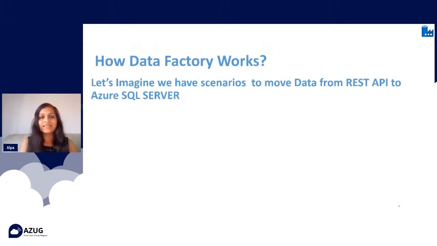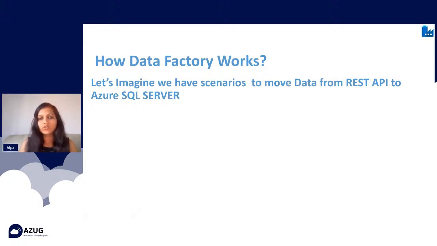So let's start with how Azure Data Factory works. For that, let's imagine that we have a scenario to move data or a file from a REST API to an Azure SQL Server. So here you can see that my source is a REST API and my sink or destination is Azure SQL Server, and I'm using the activity or task which is move data or move a file.